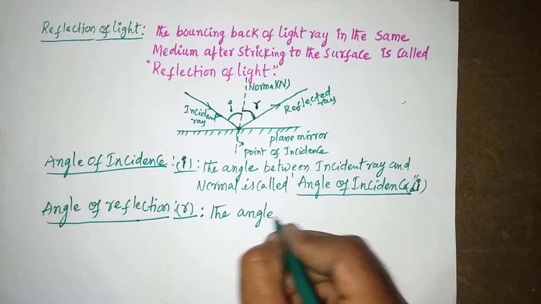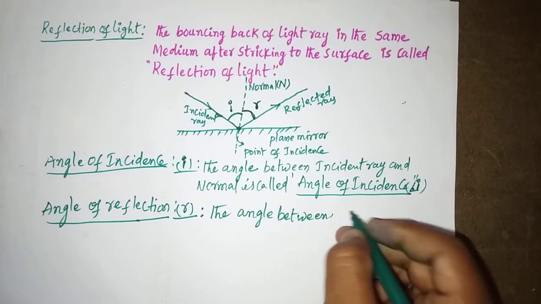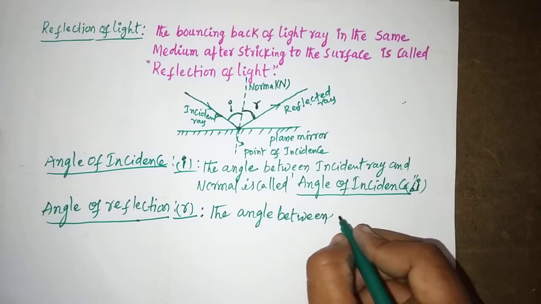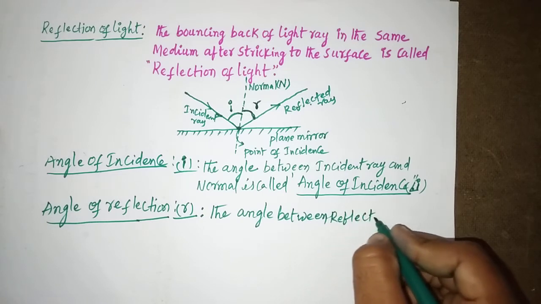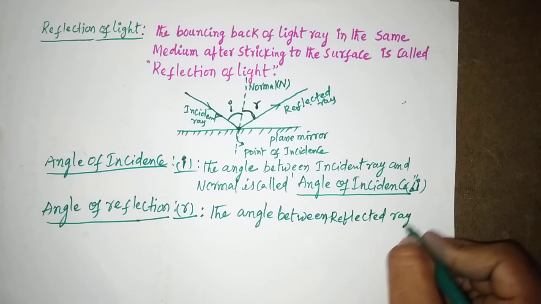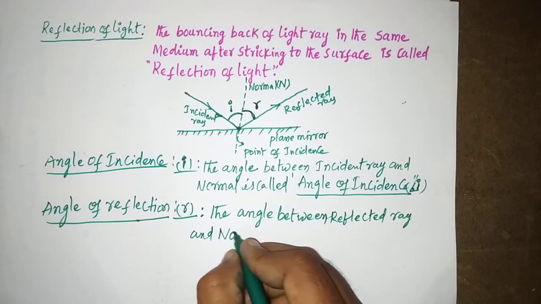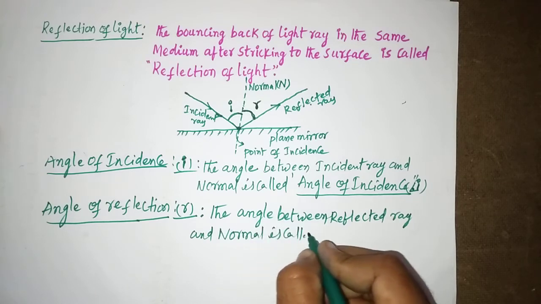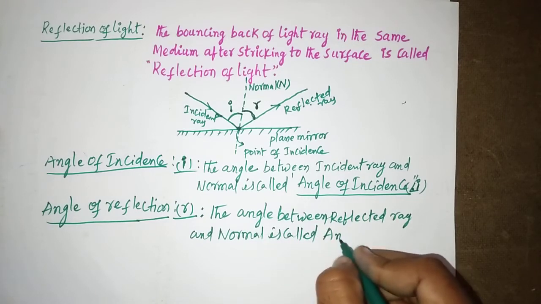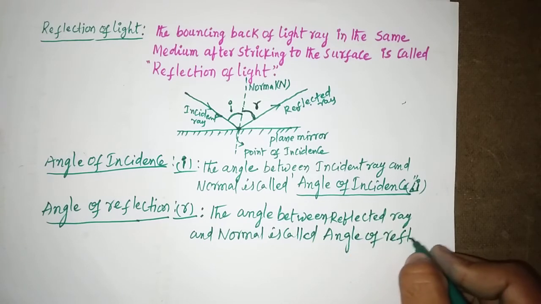The angle between the reflected ray and normal is called the angle of reflection.